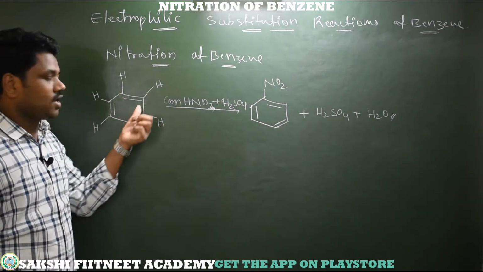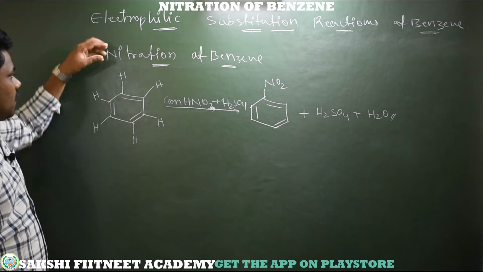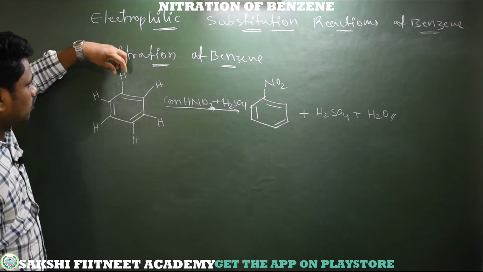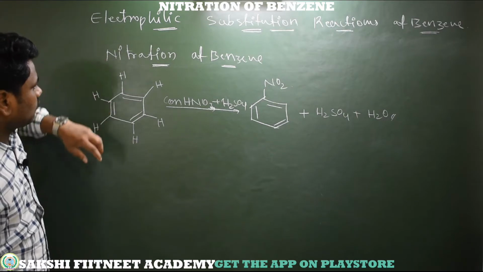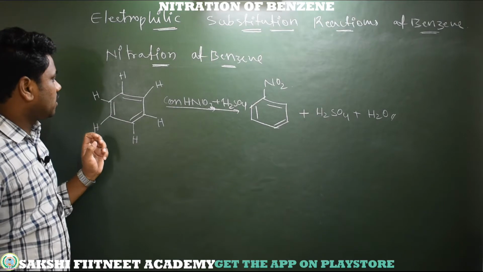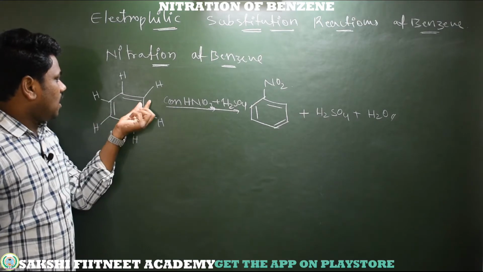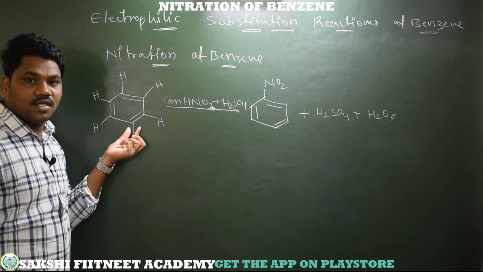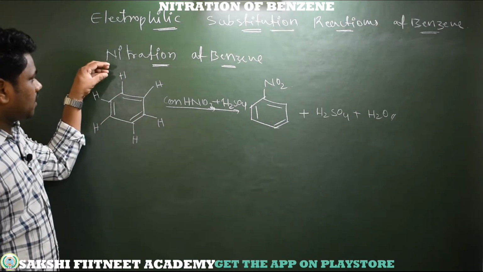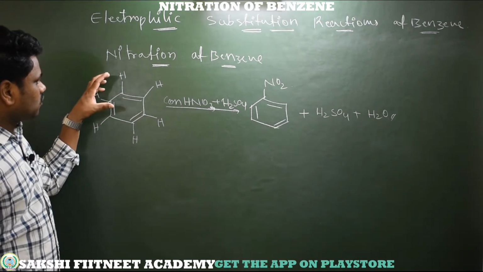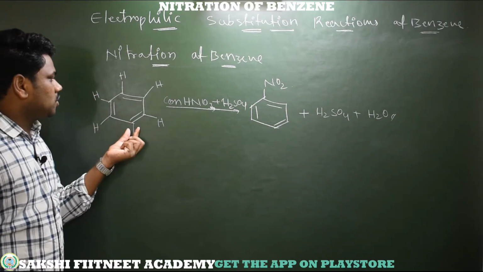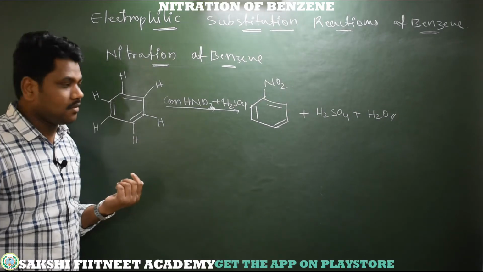For example, if an electron donating group is present on benzene, the ring undergoes a particular directional resonance, and the ortho and para positions become electron rich.